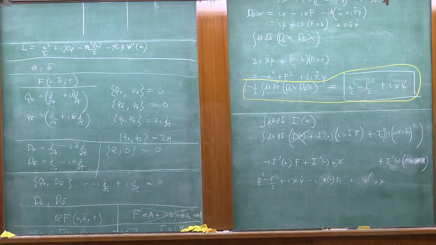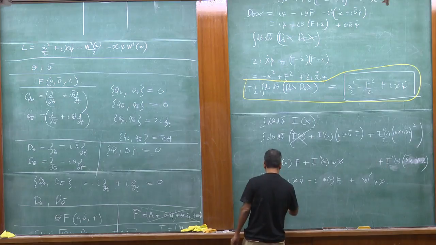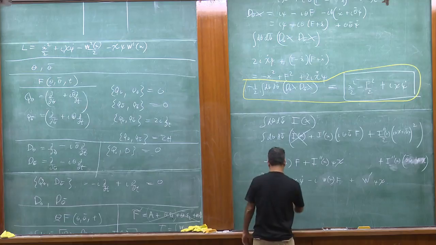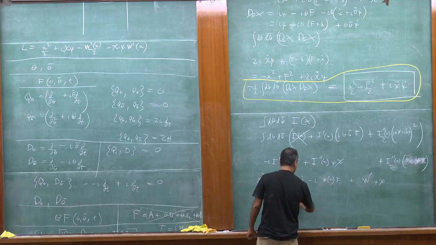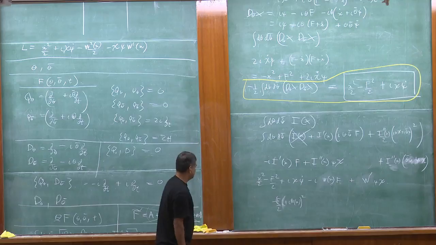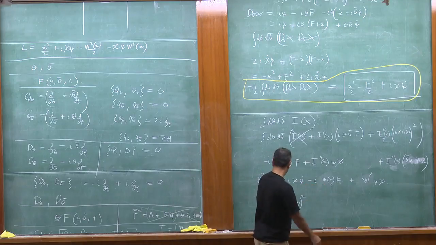Now, solving the equation of motion for f is simply completing the square. So we'll write this as minus f by 2 times f plus I w of x, squared. This generates the correct term here, but it has an extra term.